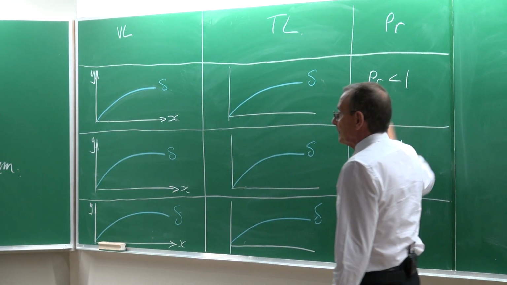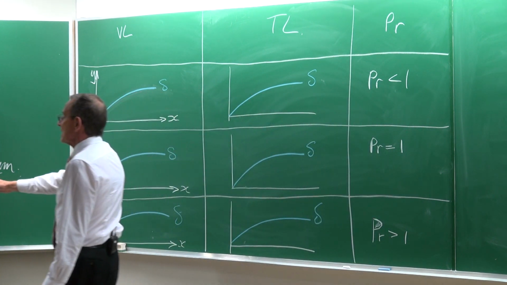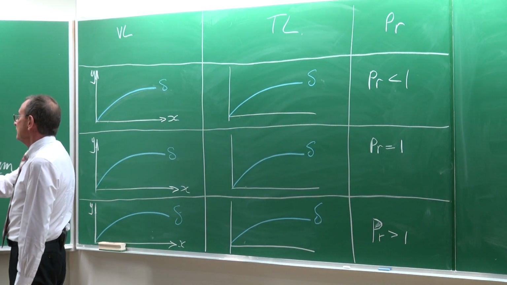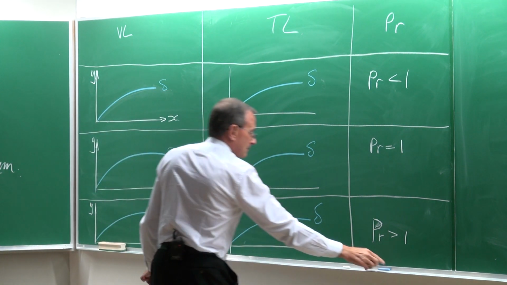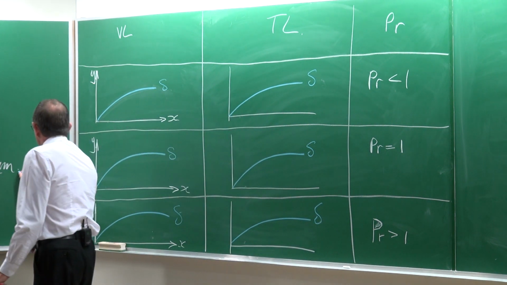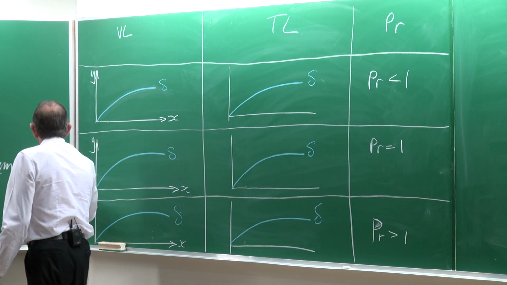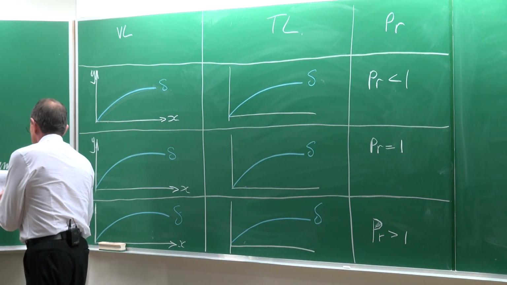Prandtl number, as I've said, is the ratio of the molecular diffusion of momentum. So let's write it like this: momentum divided by heat.